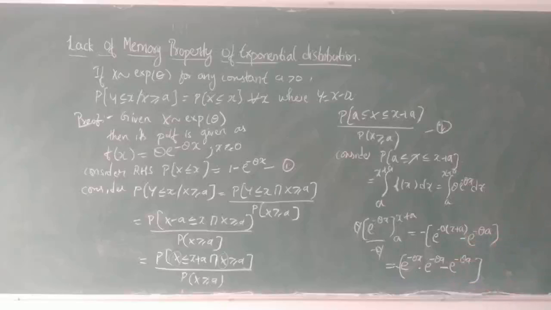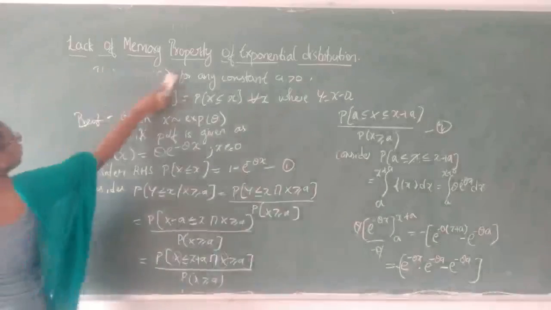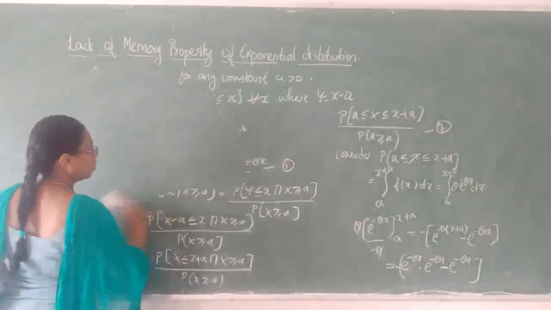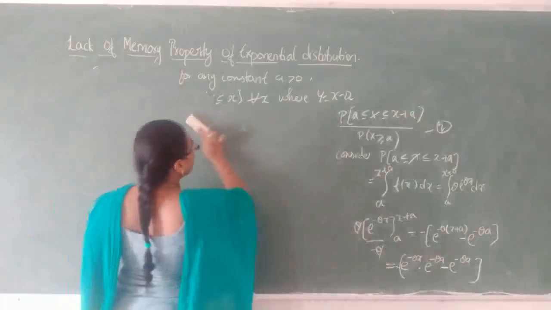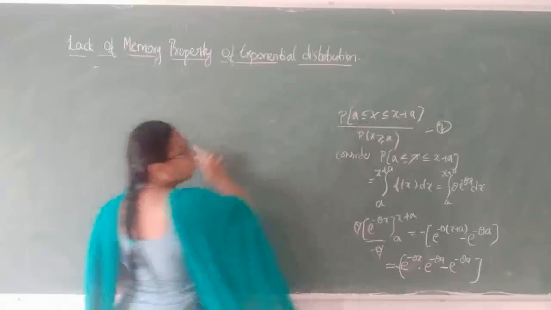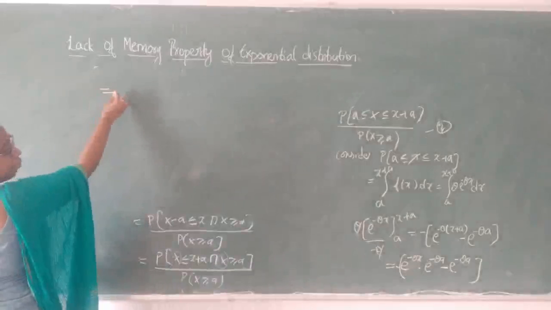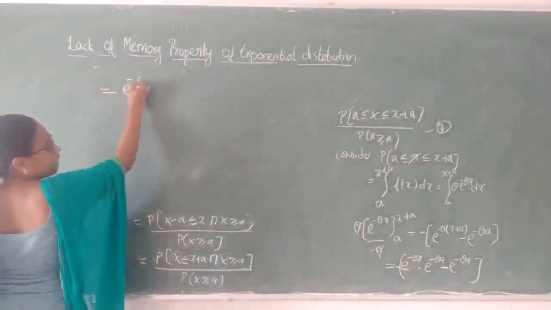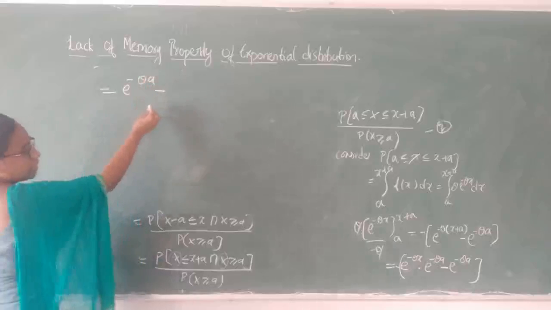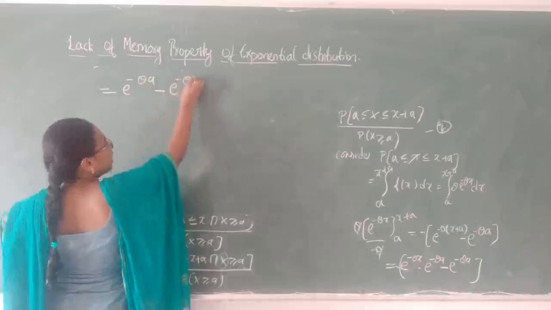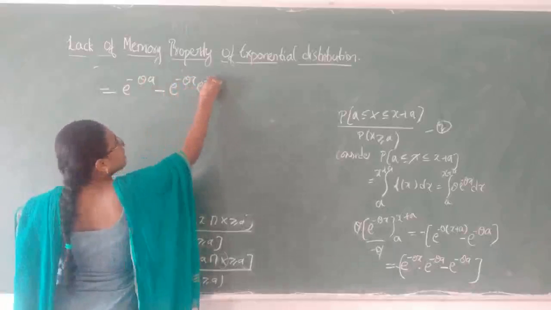Yes, here we have minus, and outside also you have minus, right? So multiply that minus inside. If you multiply minus inside, you will get e power minus theta a minus e power minus theta x into e power minus theta a.